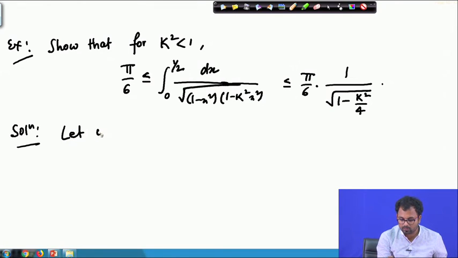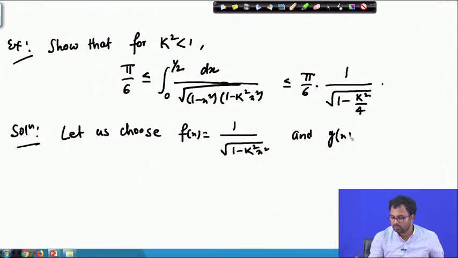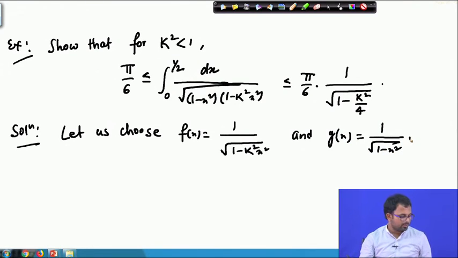So here, let us choose f(x) as 1 by square root of 1 minus k square x square and g(x) as 1 by square root of 1 minus x square. As per the statement of the first mean value theorem, f and g both need to be bounded.